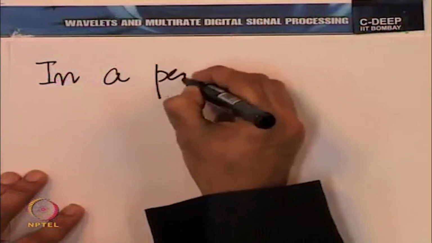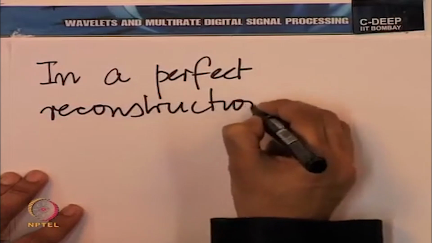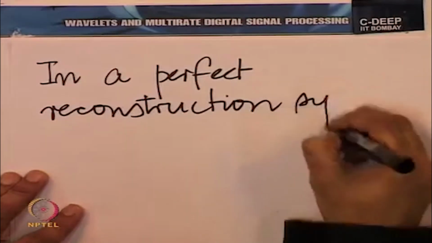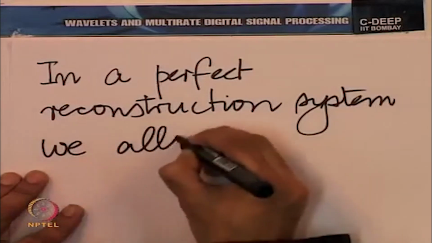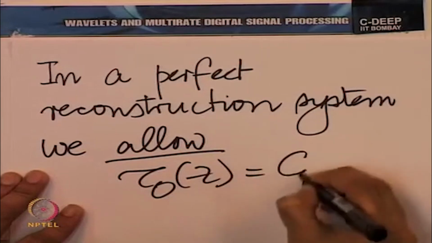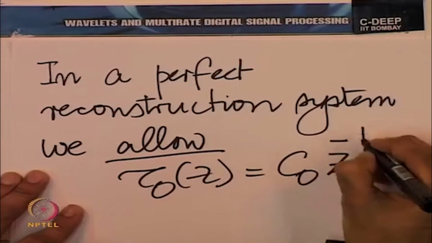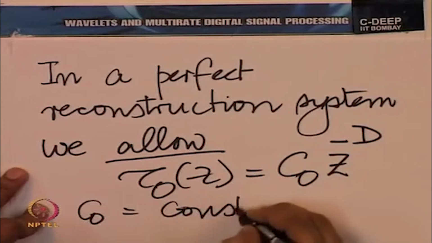So, we are saying in a perfect reconstruction system, we allow tau 0 z to be of the form some constant times z raised to the power minus d, where c is a constant.